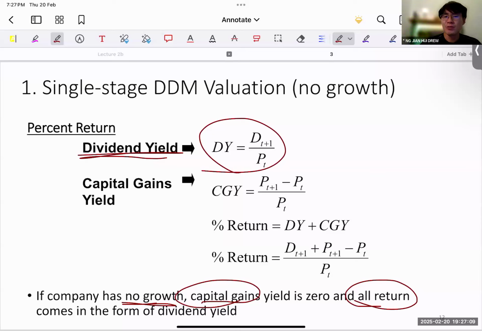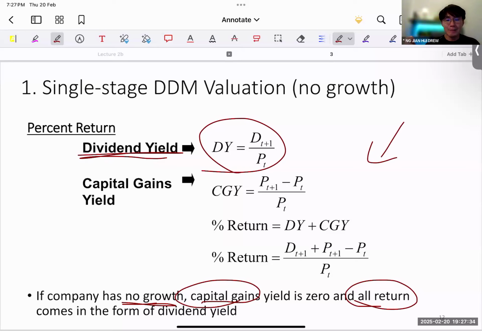Sometimes questions would like to ask, in the case of a no growth company, what is the capital gain yield? When you see this slide, you might think, why am I even going through this slide? But sometimes in the question, you don't really think that if there's no growth, everything is paid off as dividends, there's no capital gains yield at all.